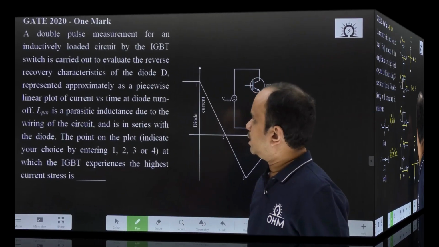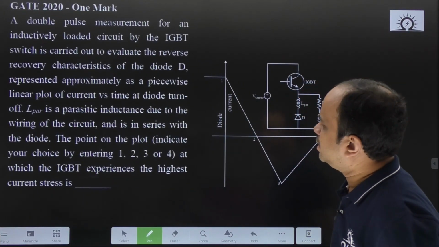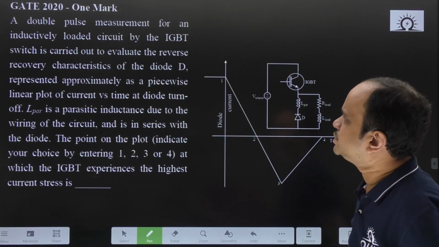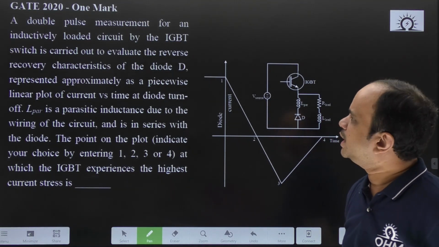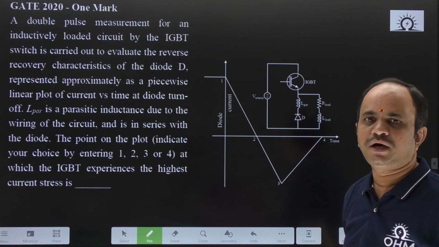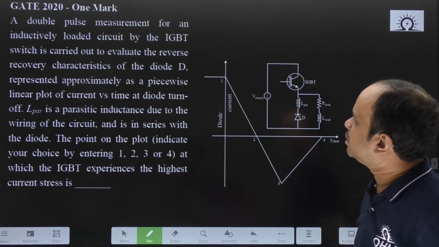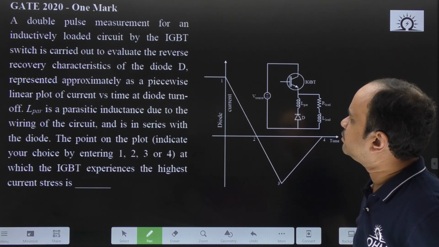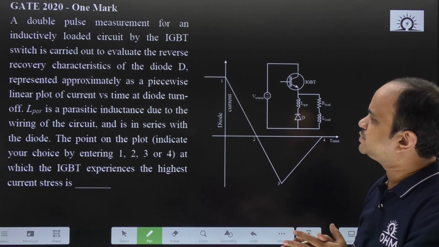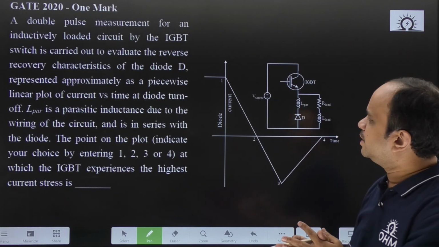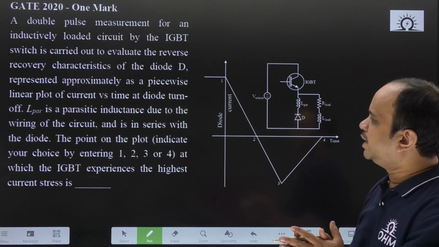Okay. Now, let us look into the next question. This question was asked in 2020 for 1 mark. A double pulse measurement for an inductively loaded circuit by the IGBT switch is carried out to evaluate the reverse recovery characteristics of the diode, represented approximately as piecewise linear plot of the current versus time at diode turn off.